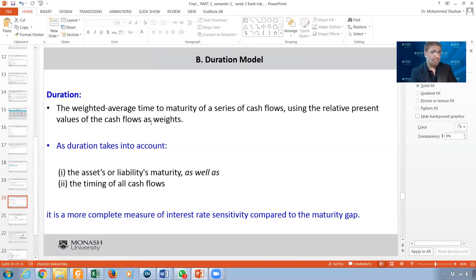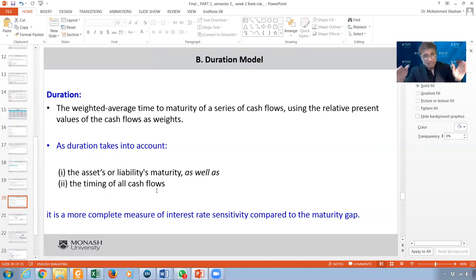So duration takes into consideration the asset or liability maturity, as well as the timing of the cash flow. Now I need to put assets and liabilities in different maturities. If it is a loan of 3 years, I would put it at 3 years, but if there is a cash flow coming, it's actually less than 3 years.